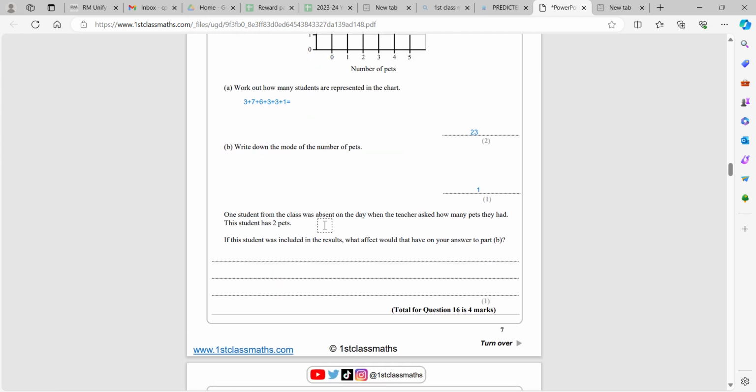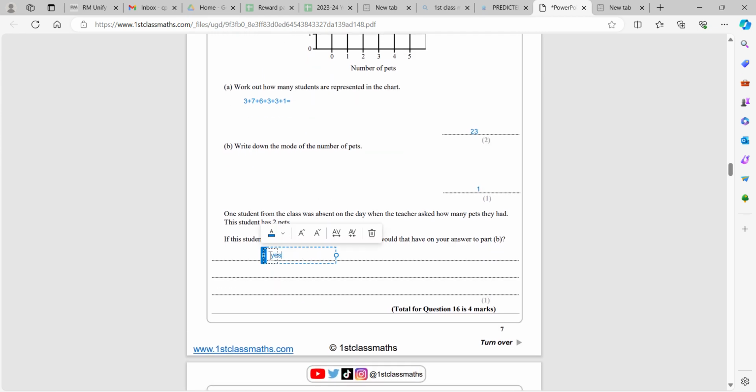So yes, it would impact, as both 1 pet and 2 pets would have 7 students. So they would both be the mode. Okay?